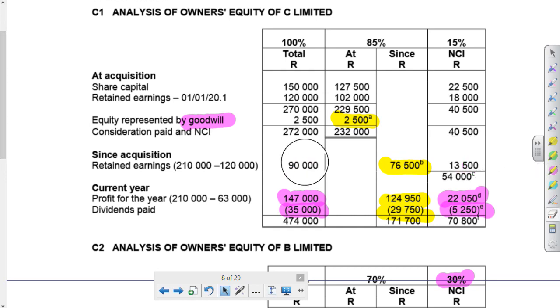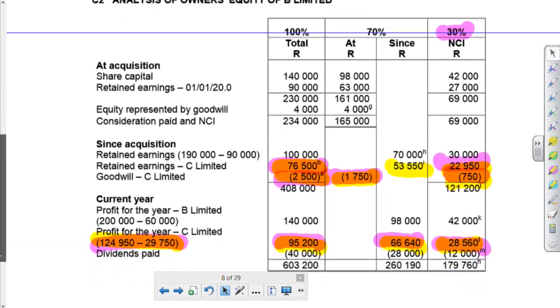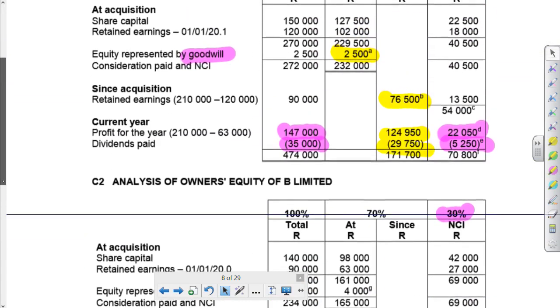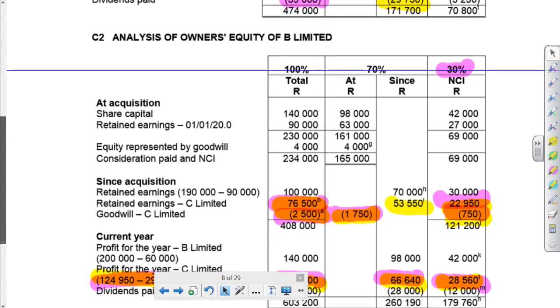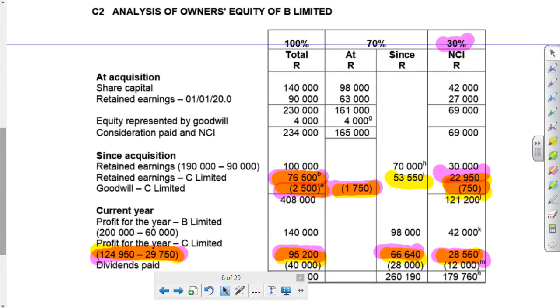I just want to do the extra pieces. There's the extra piece, the 22. And down here, no, that's not the extra piece. That's the NCI, the normal NCI. See, that one is just normal NCI. I just want to do the extra pieces. The extra pieces are down here. There's the 22, the 750, and the 28. These are the three extra pieces. Extra piece beginning of year, extra piece for the goodwill, extra piece for the current year.